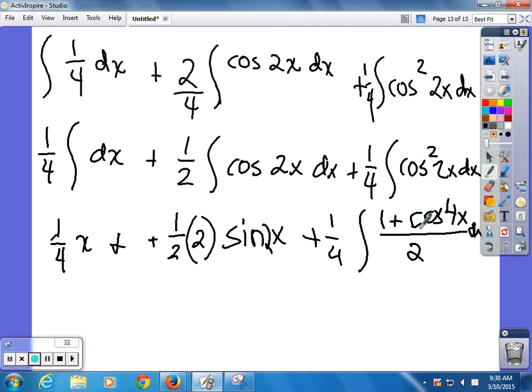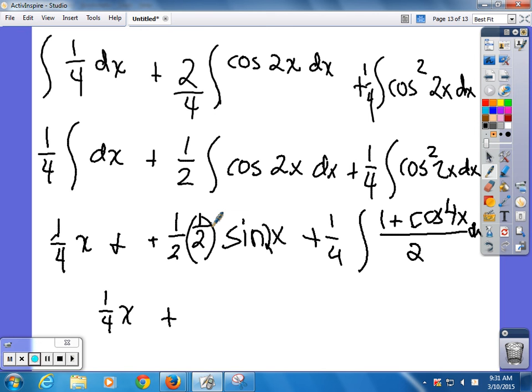I think I've got an error on the first one, unless I missed something. Hold on. 1/4 x plus that'd be 1/2 right here, because we had to put a 2 here. 2 dx.